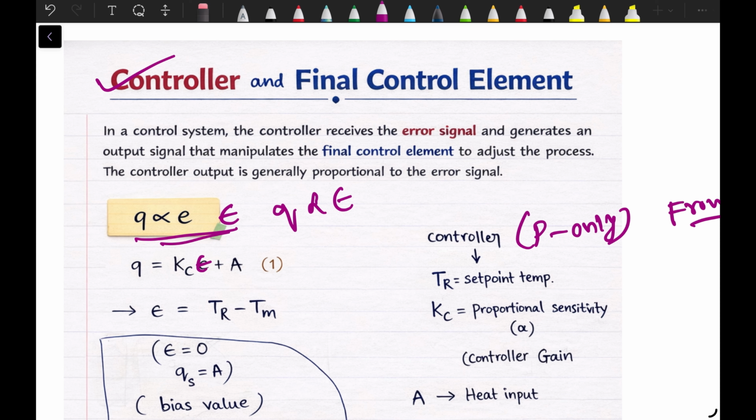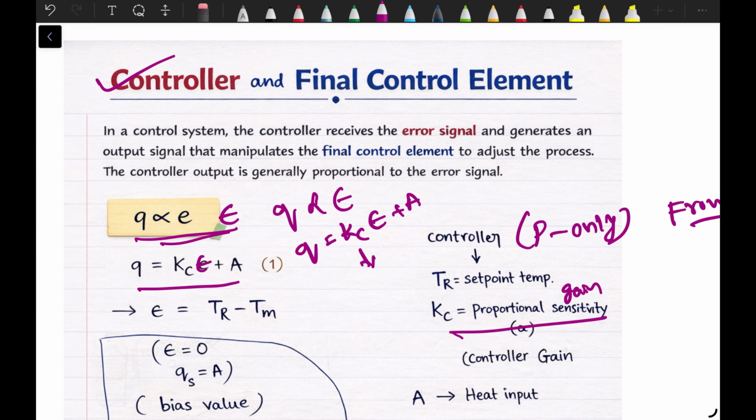Mathematically, Q is equal to Kc into error plus A, where Kc is the proportional gain or controller sensitivity.